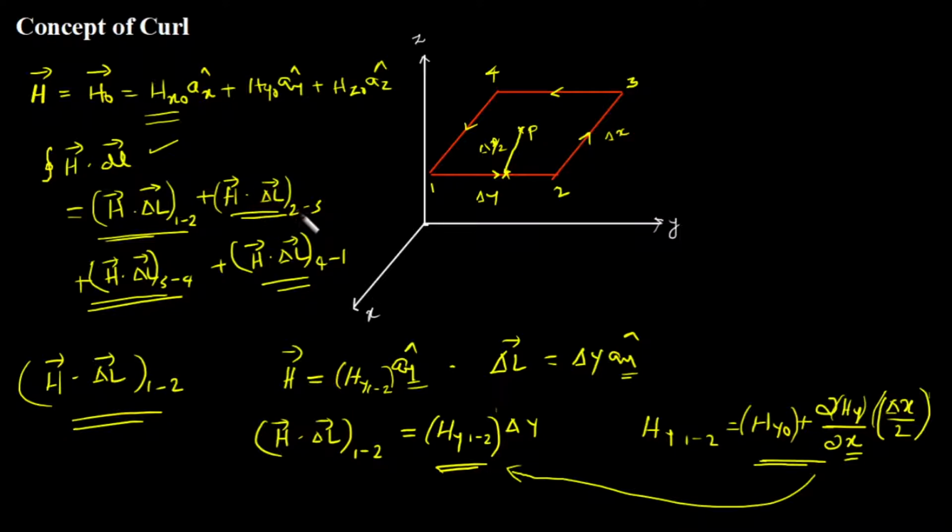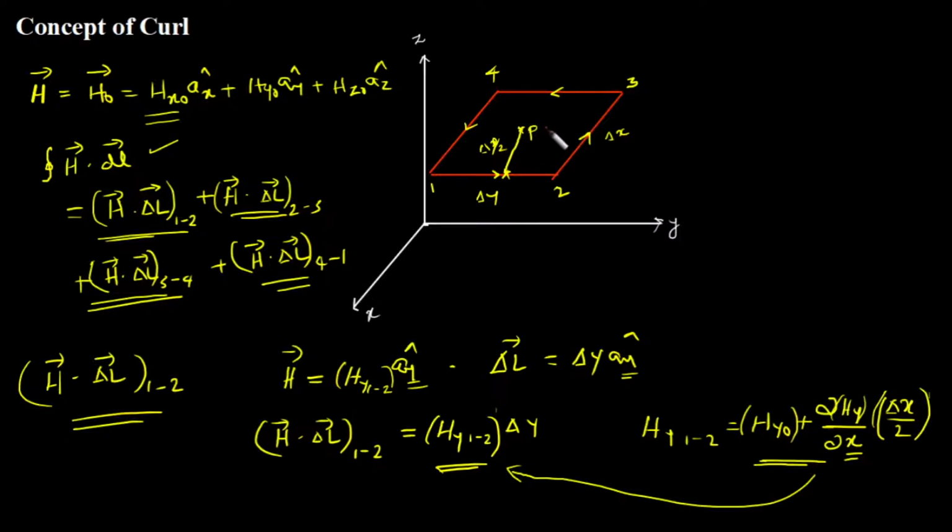So H dot delta L 2 to 3 will be Hx 2 to 3 in which direction? In this direction, but which is opposite to the x direction. So I get it as minus x cap, and my delta L is also in the opposite x direction, so that is also minus ax cap, correct? So I'll get it as Hx 2 3 times minus delta x.